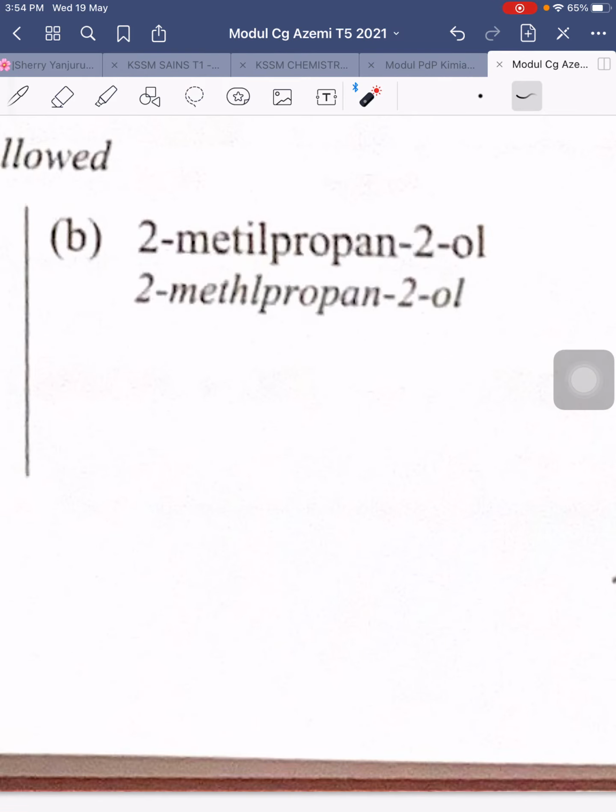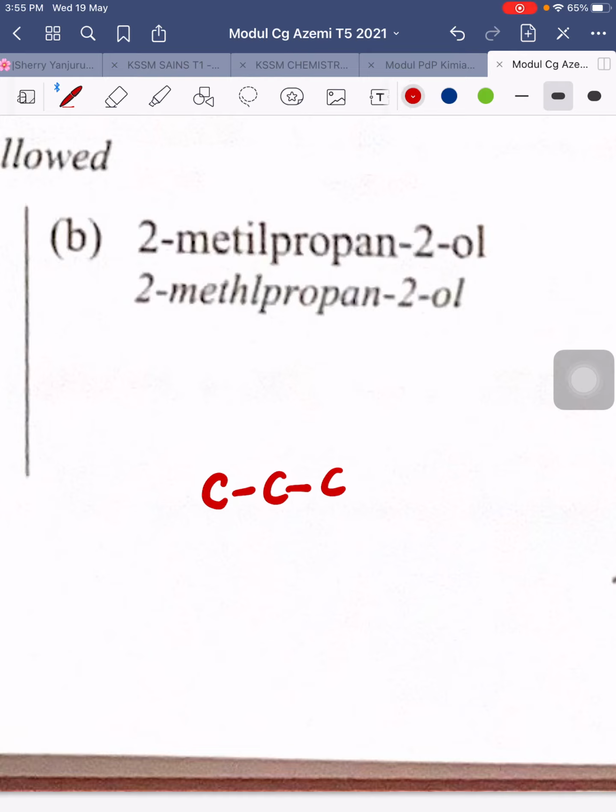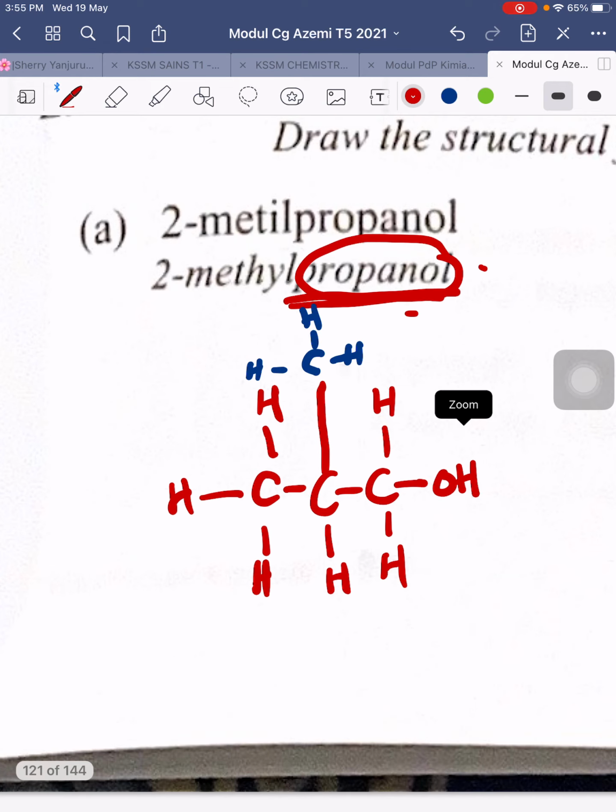Okay, so how to draw this one? 2-methyl propan 2-ol. Propan we have 3 carbon. 1 carbon, 2 carbon, 3 carbon. And propanol looks like this. Means that propanol, the ol is not mentioned where it's situated at. Okay, but in this case, if it is not situated, we always assume that it's in the first one or it's in the third one.